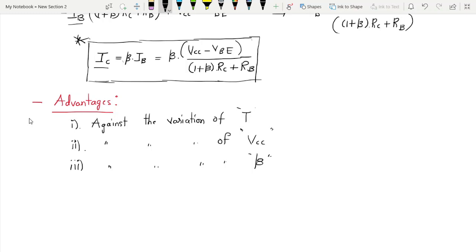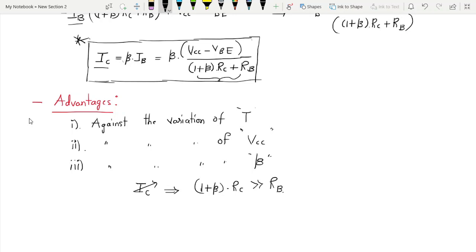Again we have a disadvantage, that is to maintain IC control, what is the condition here? Same as emitter resistance biasing, (1 plus beta) RC must be more than RB. So the same problem we will face here. This is the disadvantage.